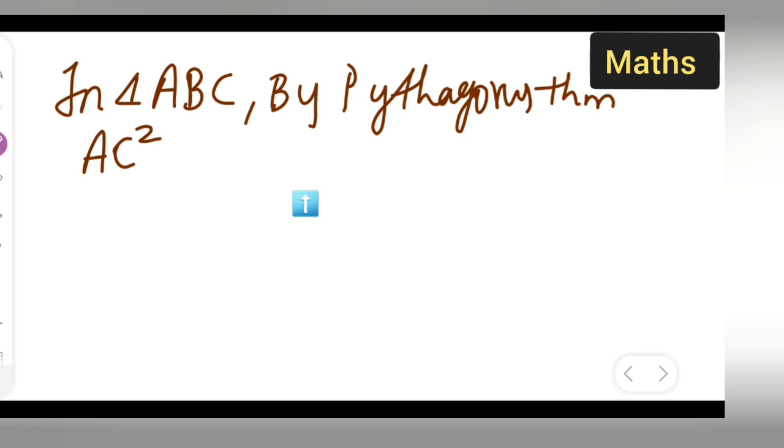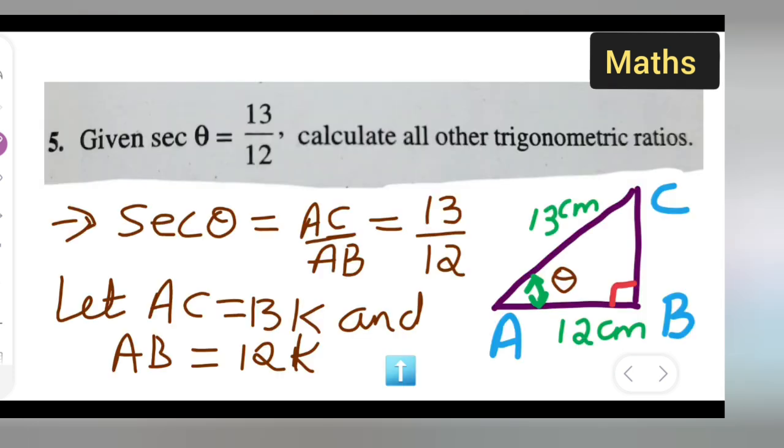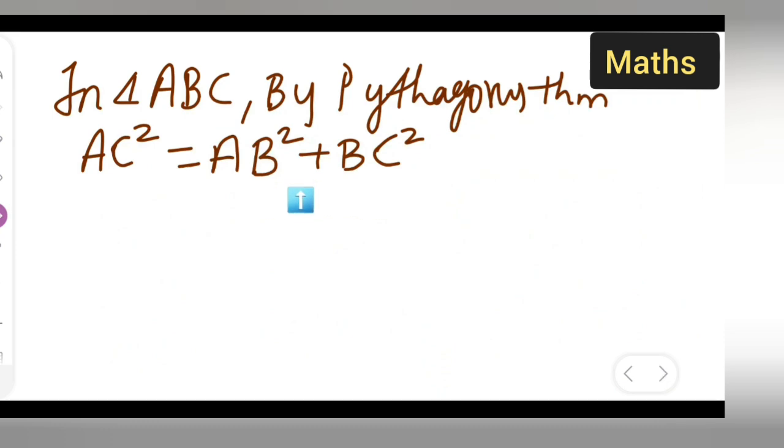AC square is equal to AB square plus BC the whole square. First is AC the whole square, that is the hypotenuse, then opposite plus adjacent. We are adding these, so there is no issue: AB square plus BC the whole square.